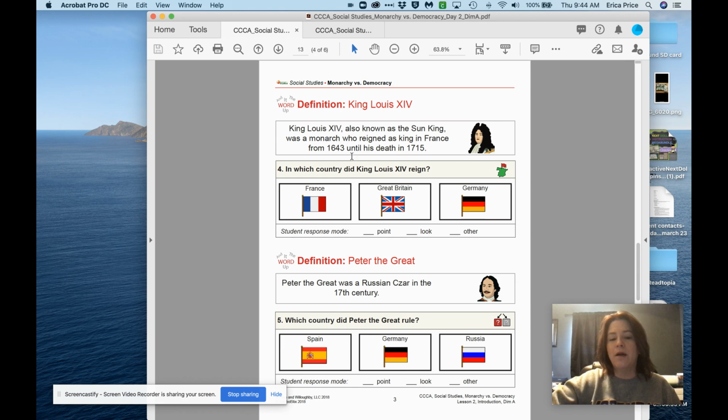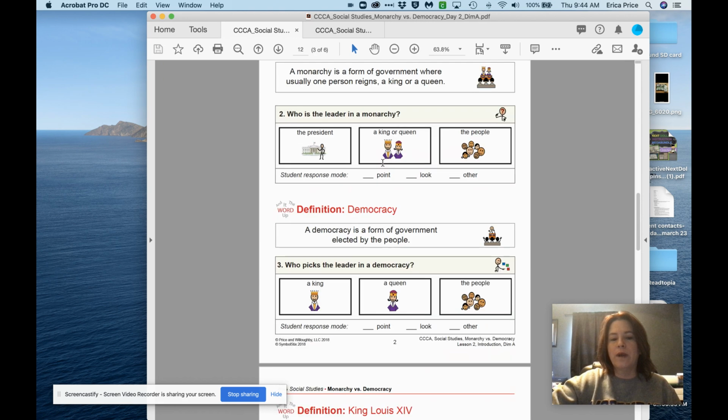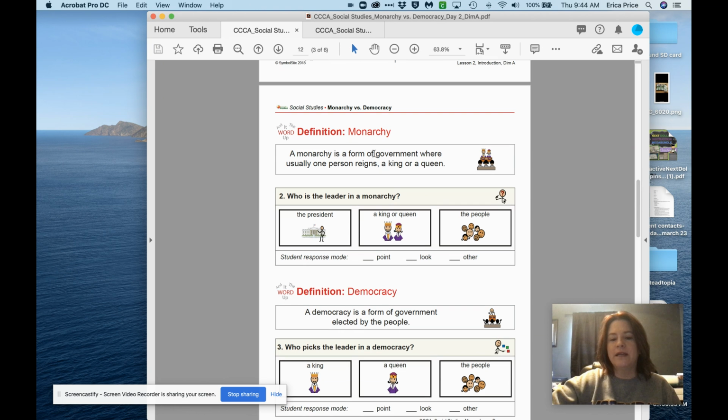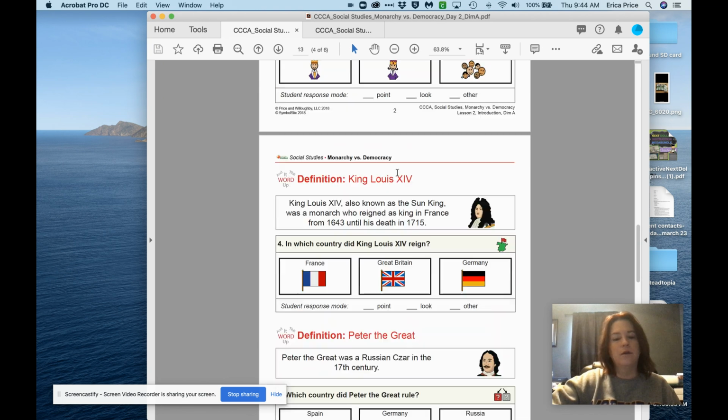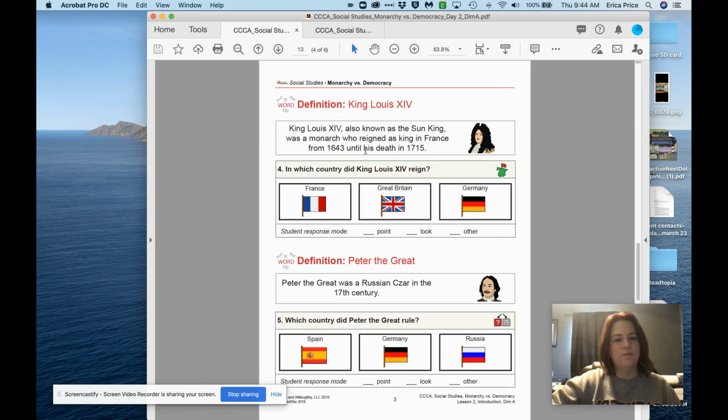He was a monarch. And remember back here we said a monarchy is a government where usually one person reigns and it's a king or a queen. Right here's an example. King Louis reigned, the ruler, in France from 1643 until his death in 1715.